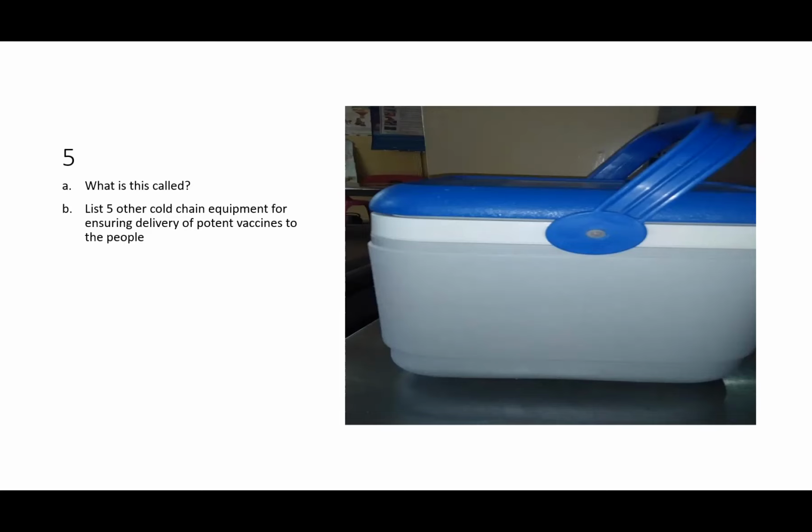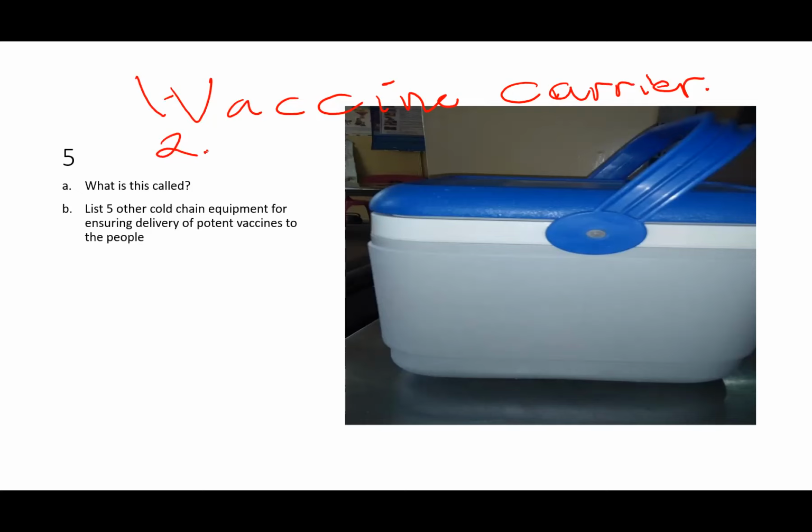So your answer here is vaccine carrier, not food flask. Two, it says list 5 other cold chain equipment for ensuring delivery of potent vaccine to the people.